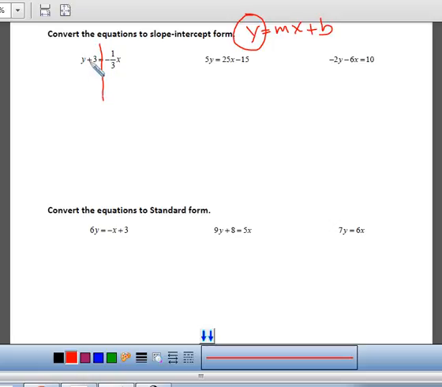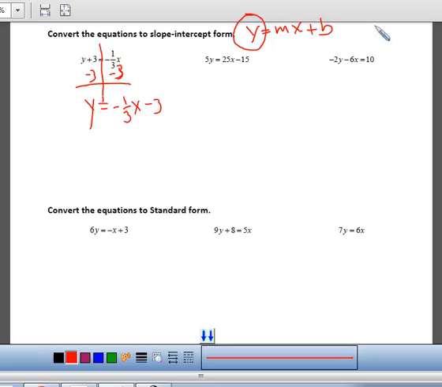So to undo adding 3, we're going to subtract 3, and we're going to do that to both sides. Now this is not a like term, so we won't be able to combine it, so we get y equals negative 1/3x minus 3.